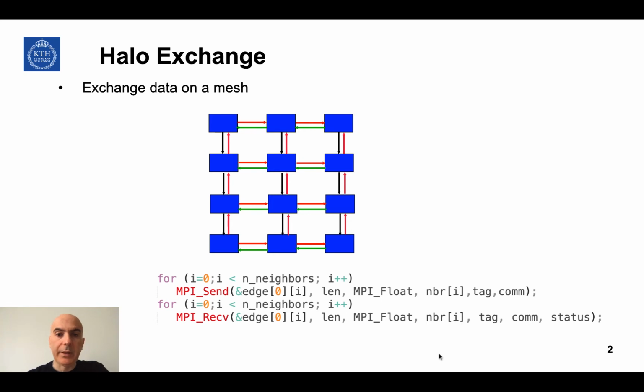We have a big grid that has been divided into 12 different smaller grids. Each of these smaller grids is the small square here, and is assigned to one process. So in this case, we have 12 processes and 12 small grids. If we put together all these 12 grids, we get back to the original big grid.